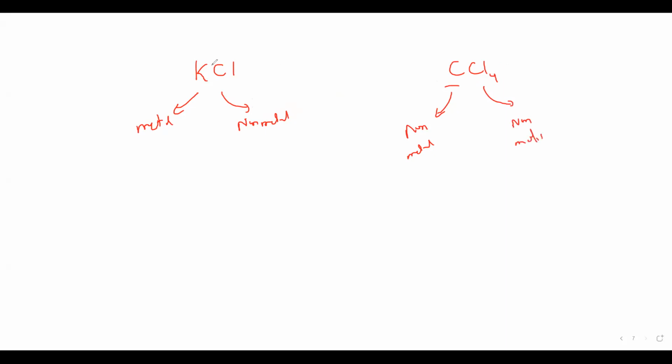Can you identify potassium chloride? Is it ionic or covalent? So KCl is ionic bonding. So it will be ionic bonding and it will be an ionic compound.